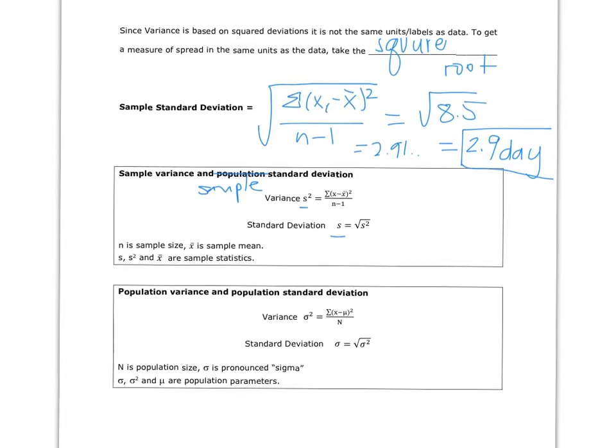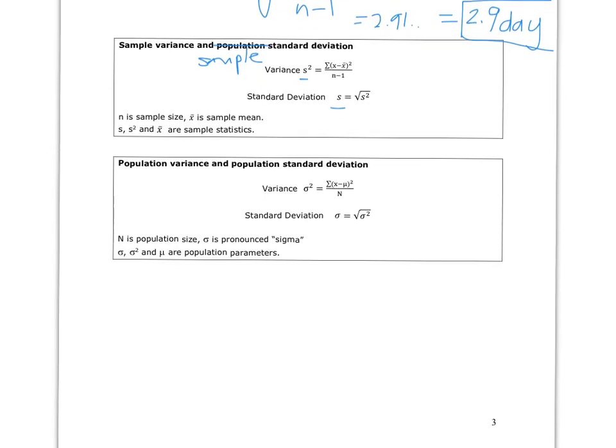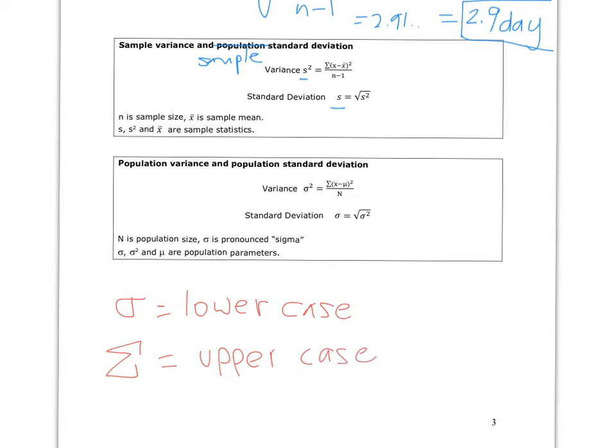Now, what if we want to refer to population variance and standard deviation? Well, for variance, we use sigma instead of S. We had sigma for summation notation, when it is written like this it is the uppercase sigma, and what we use for variance and standard deviation is the lowercase.